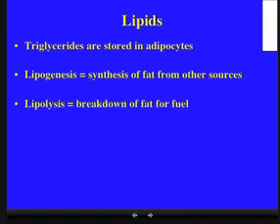Remember that the body's ultimate energy store is our fat stores, our adipose tissue, and glycerol can be released from triglycerides, which are the lion's share of our fat that's stored in our body. This can be converted to phosphoglyceraldehyde, whereupon it can enter glycolysis.